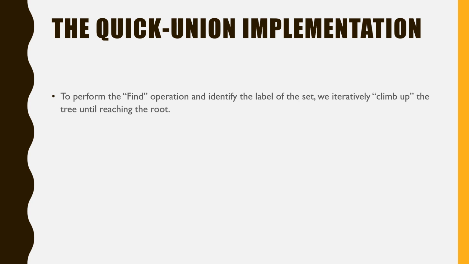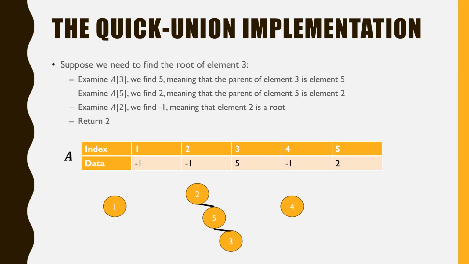Next, let's explore how the find operation works in the quick union implementation. Given an element I, we repeatedly follow its parent node, climbing up the tree until we reach the root. Suppose we need to find the set that contains element 3. We first check A[3] and find that it stores 5, meaning element 5 is its parent. Hence, we move up the tree to element 5.